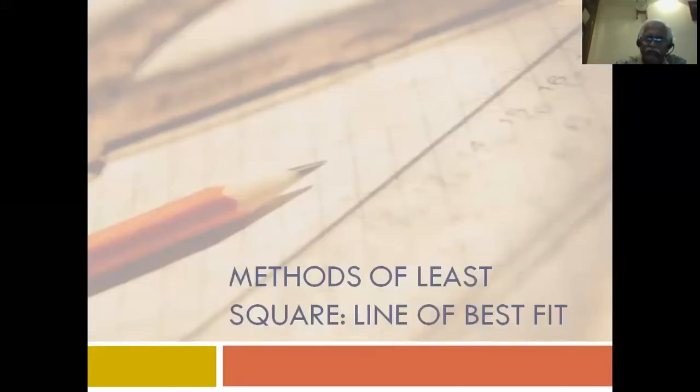Now, if there is a strong correlation, can it be forecasted? If we want to forecast, we have to find an equation.